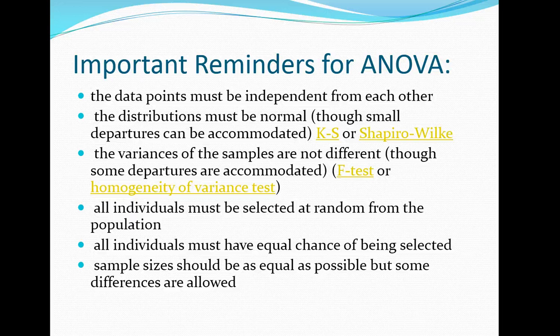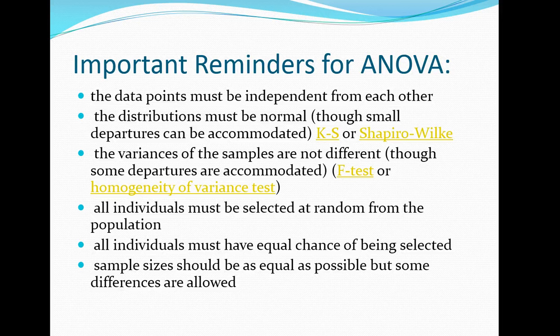Therefore, when you look at ANOVA, you have to make sure that the F-test statistic value is not in the critical region, or not significant, and you should not reject the null hypothesis of the F-test, which is the homogeneity of the variance.